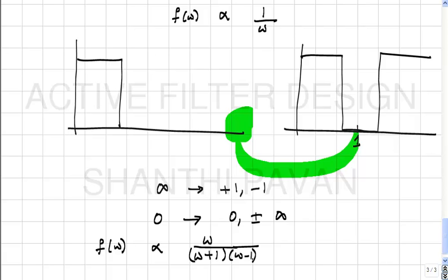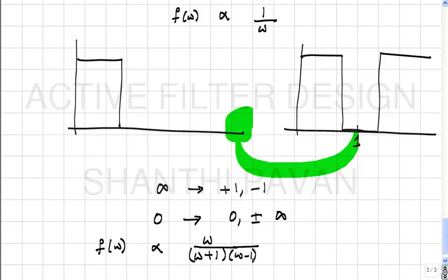So again, I'd like to repeat that the f of omega that we have come up with seems pretty straightforward. It just doesn't mean that this is a realizable f of omega. In other words, it doesn't mean that an inductor in the prototype or a capacitor in the prototype will transform to a realizable impedance when you plug in f of omega. Is this clear?